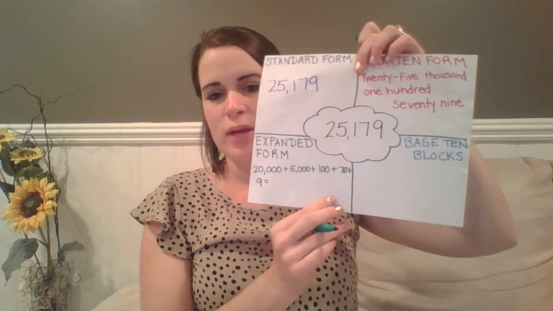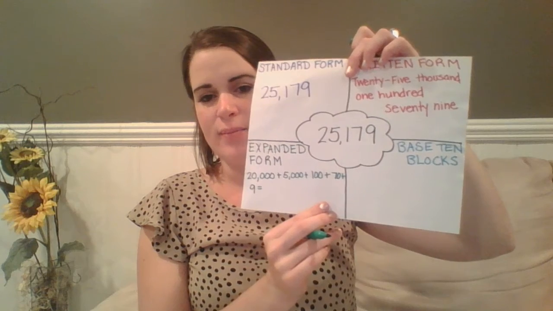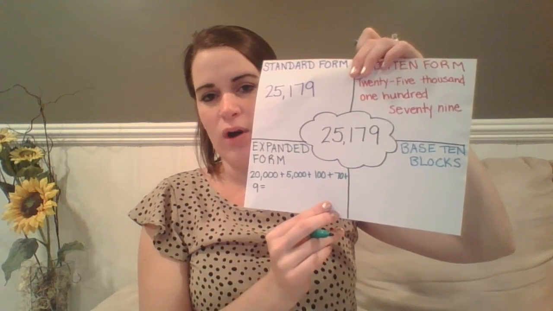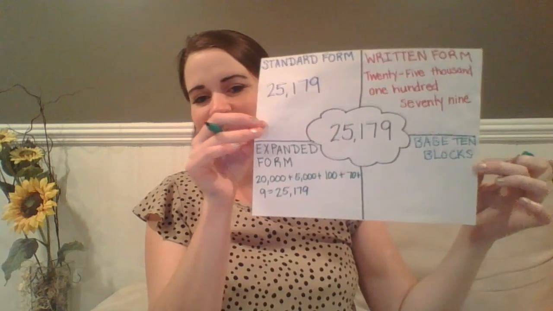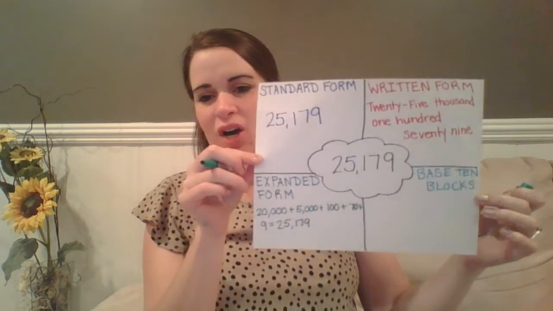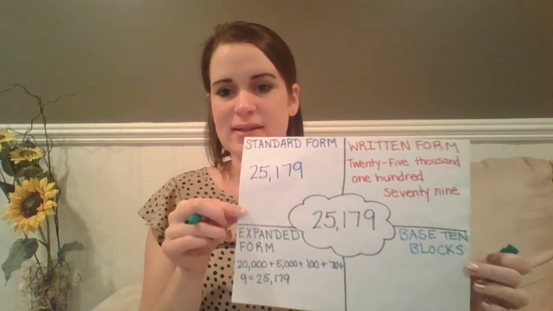So now we have 20,000 plus 5,000 plus 100 plus 70 plus 9. And that will all equal the number that's in the middle, 25,179. Just like that.